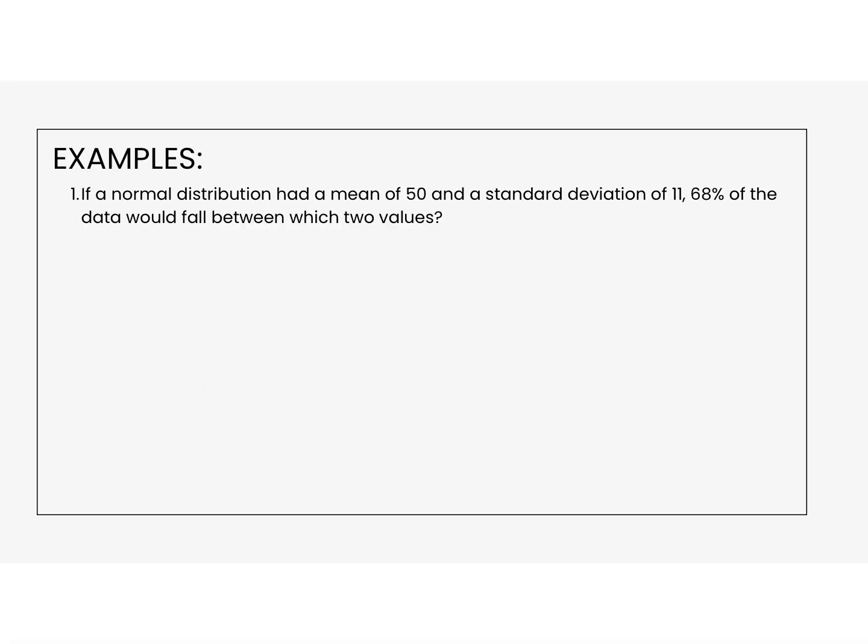Okay, so let's look at drawing and using the normal distribution. If there's a mean of 50 and a standard deviation of 11, 68% of the data would fall between which 2 values? So let's start by just drawing a standard deviation curve.